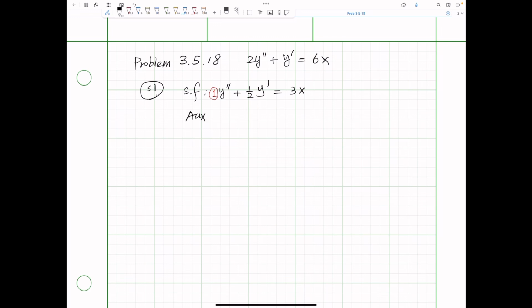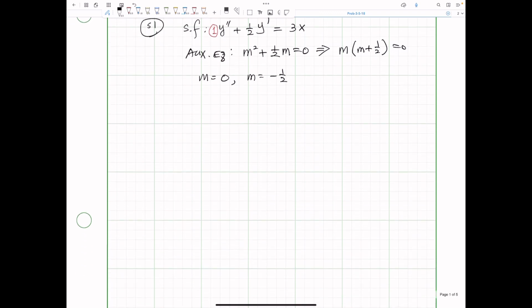Find the auxiliary equation, that is m squared plus 1 over 2 m equals 0. Factor out: m times (m plus 1 over 2) equals 0. Now we have m equals 0 and m equals negative 1/2. Based on this, we can find y sub c, the complementary solution.